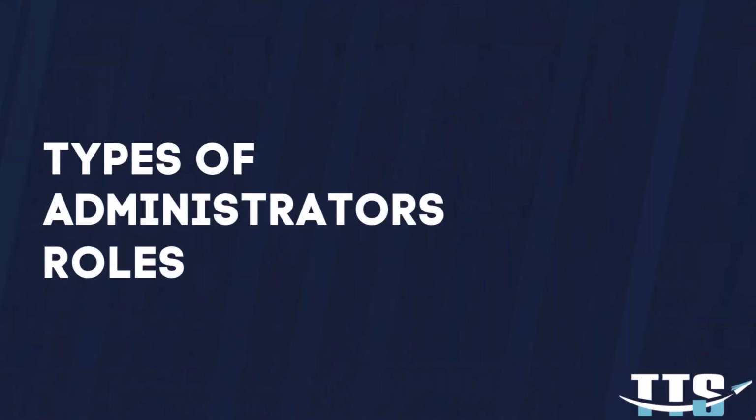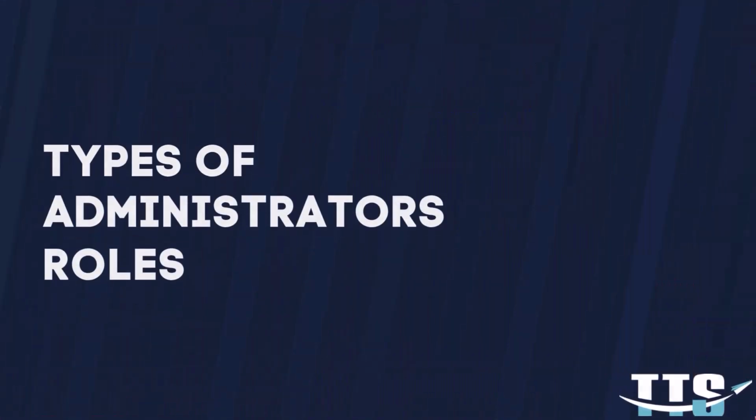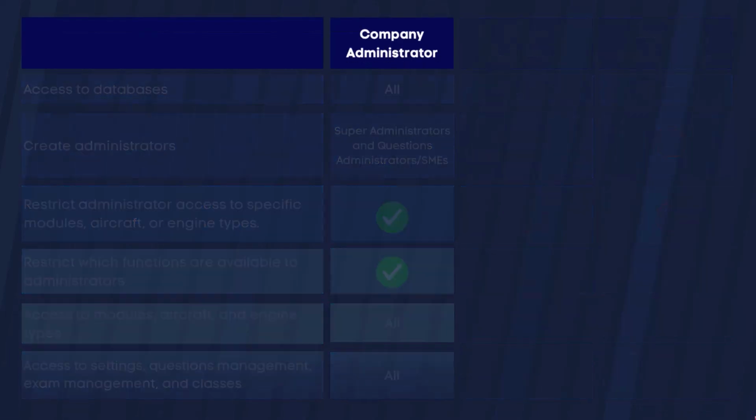There are 3 types of administrator roles in QB. 1. Company Administrator. The company administrator holds the highest level of access, with full control over all QBGenerator configurations.